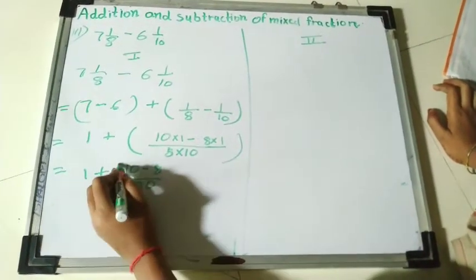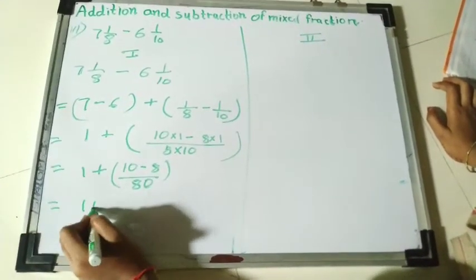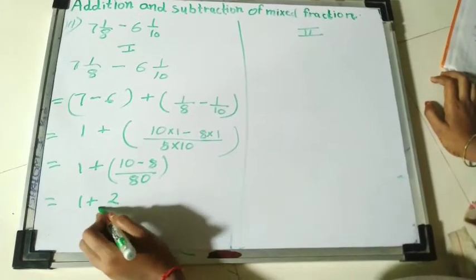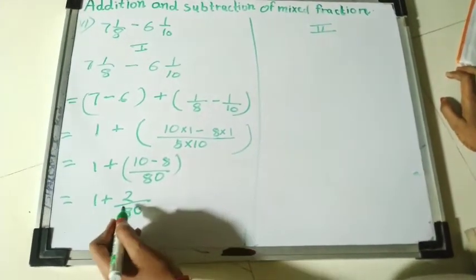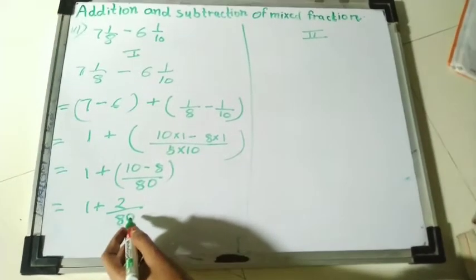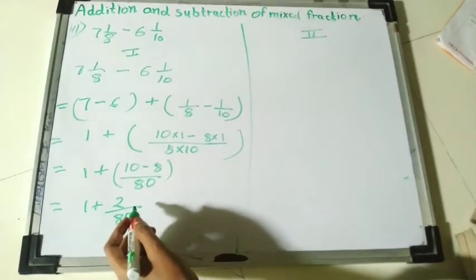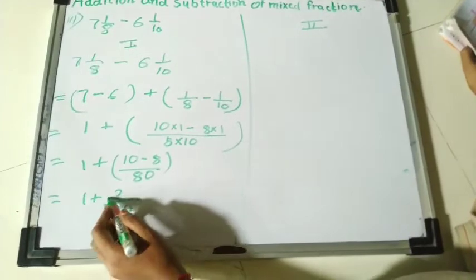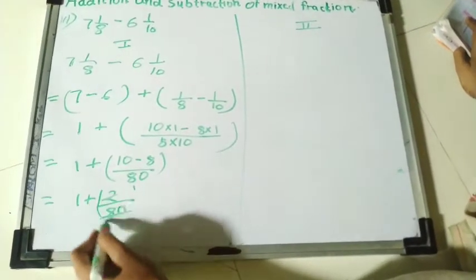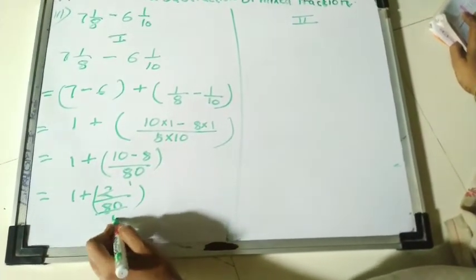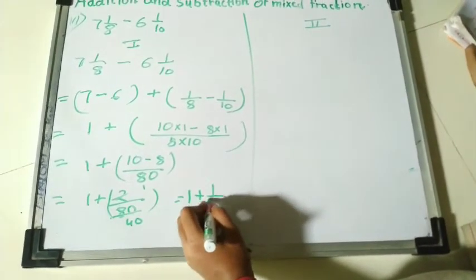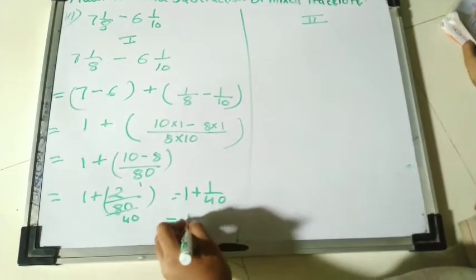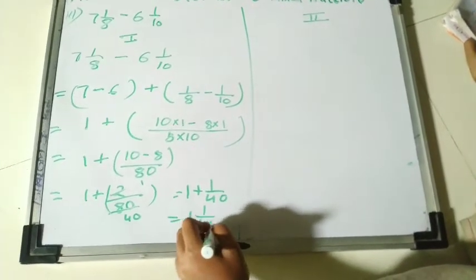It means 1 plus 2 by 80. You can change 2 by 80 into its smallest form: 2 divided by 2 is 1, and 80 divided by 2 is 40. It means 1 plus 1 by 40 equals 1 upon 1 by 40.